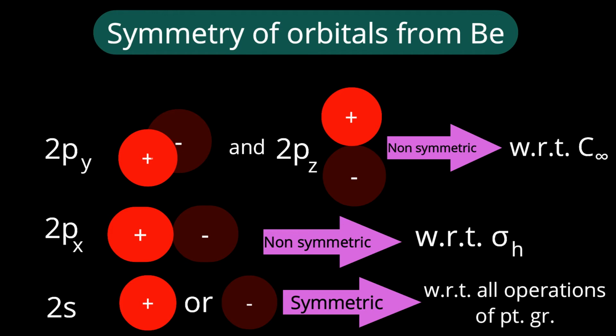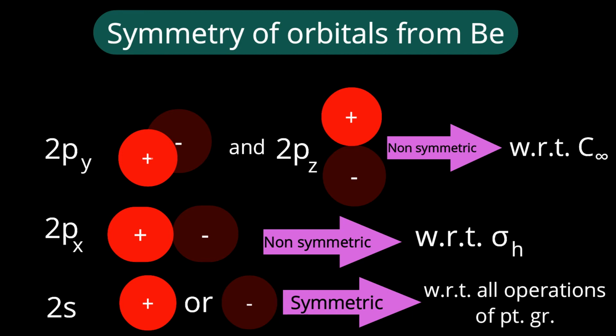Therefore, we need to think about with whom 2py and 2pz can combine. What about 2px, which group orbital is suitable to interact? Yes, the psi2 group orbital, which was not symmetric with respect to the horizontal plane, is suitable for 2px. So now it is sure: the 2s orbital can interact with the psi1 group, the 2px orbital can interact with the psi2 group, and 2py and 2pz have no suitable partner orbitals to interact or overlap.